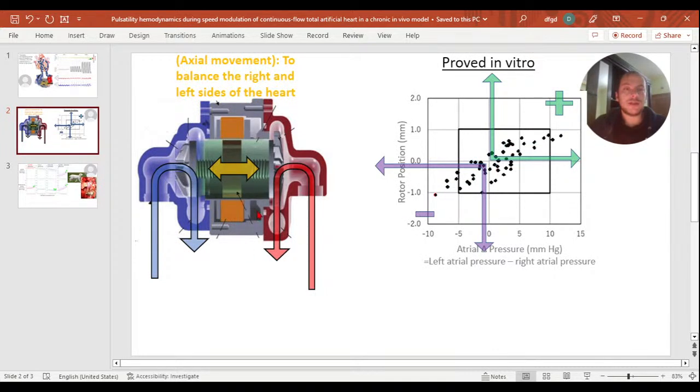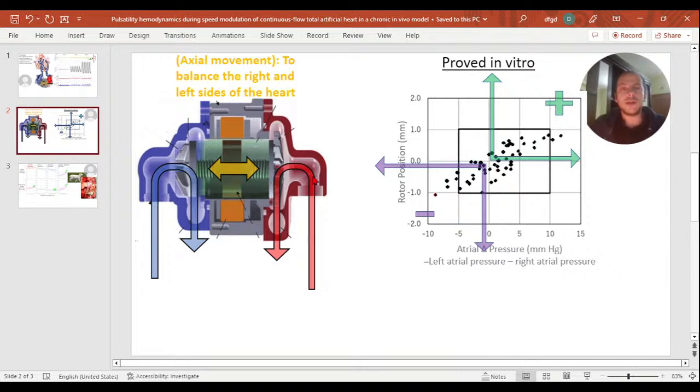So this is the diagram of the artificial heart. So you see here is the right oxygenated blood chamber, and here is the left oxygenated blood chamber. So in this Cleveland Clinic artificial heart, one of the latest models, it has a nice characteristic called axial movement. So the motor goes right and left freely.